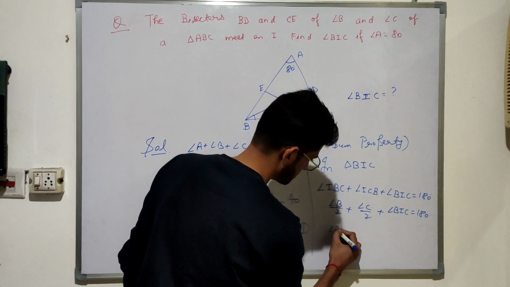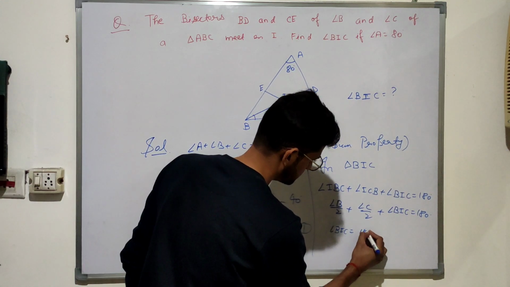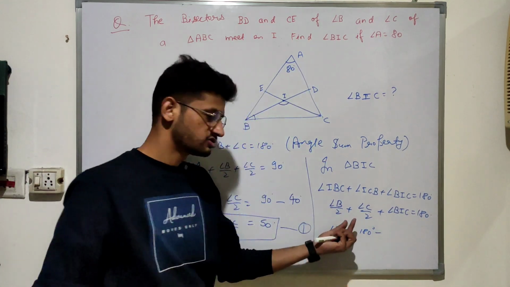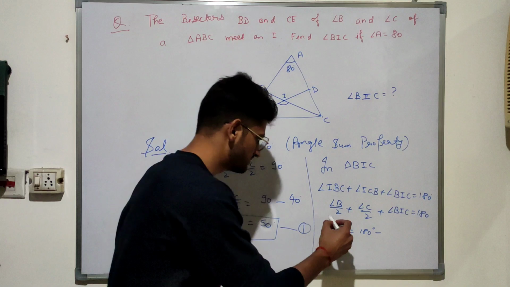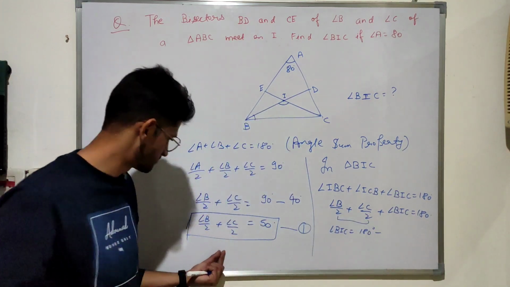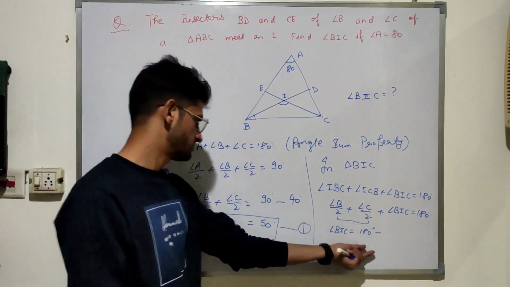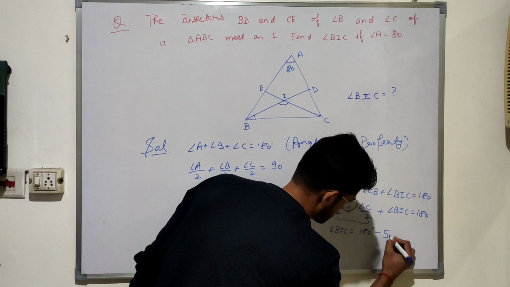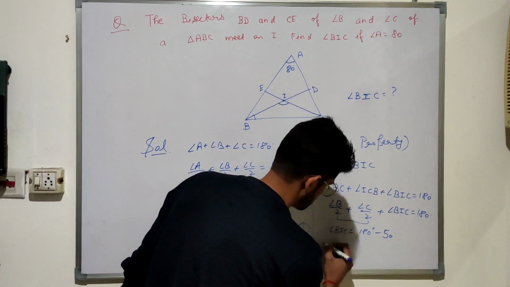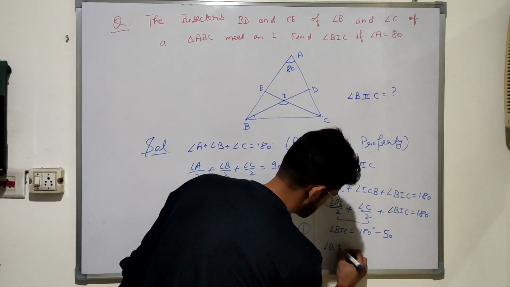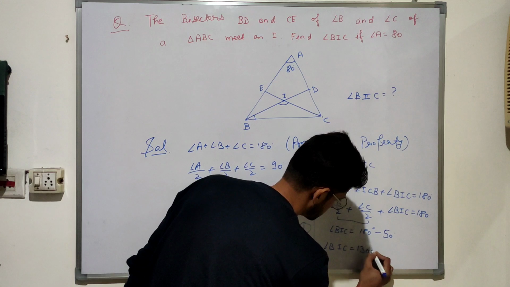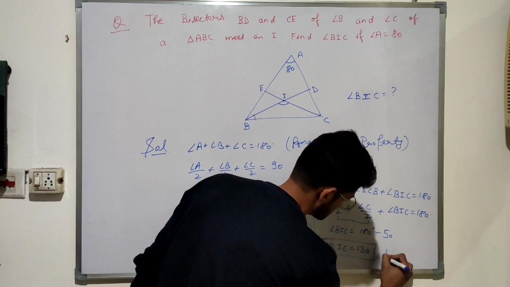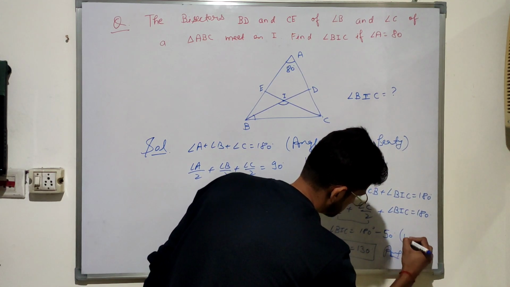So from here we can write angle BIC is equal to 180 degrees minus, we know the value of half of angle B plus half of angle C, which is equal to 50 degrees from equation 1. So we can directly write 180 degrees minus 50 degrees. So angle BIC is equal to 130 degrees. This is our required answer.